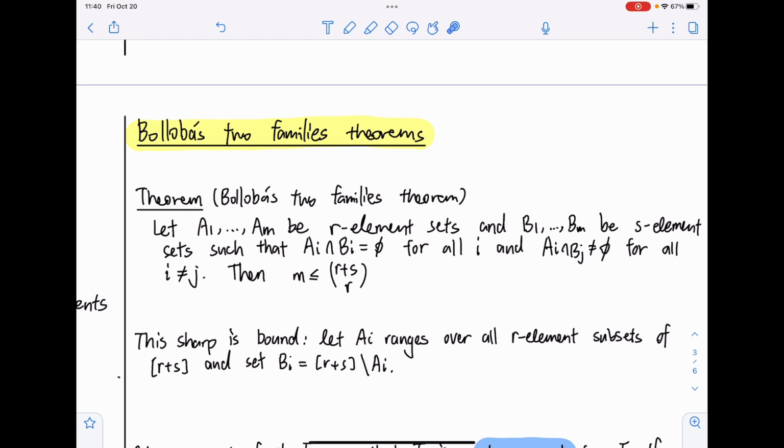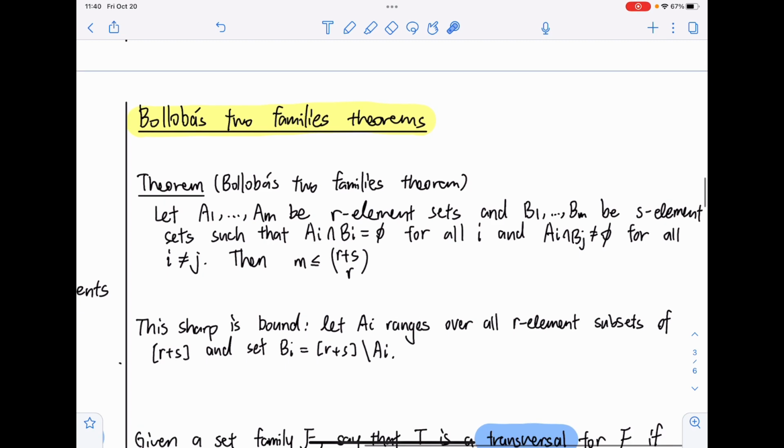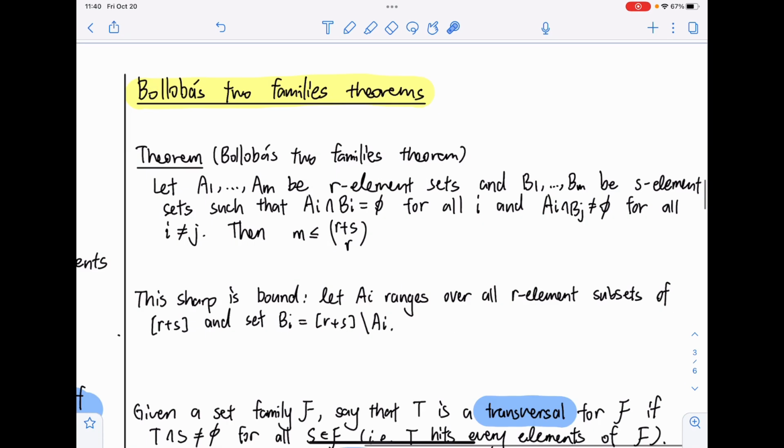Then we can conclude that the number M of such sets is less than or equal to r plus s choose r, where r is the size of such A.